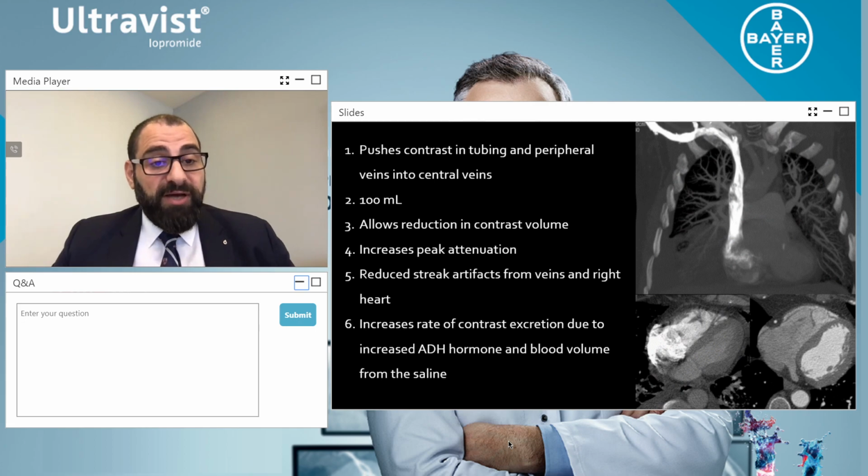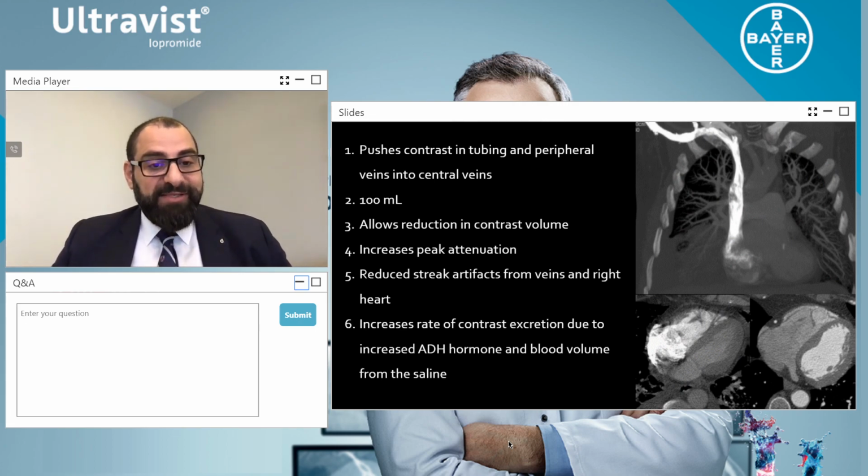That's the only time, and these are the 3 factors you never use saline at all. And even with contrast, you should be careful with the contrast volume you deliver. And by using the 100 mils of saline, you're able to reduce your contrast volume if you want to. You also increase the density or the attenuation of contrast in both the liver and the vasculature.